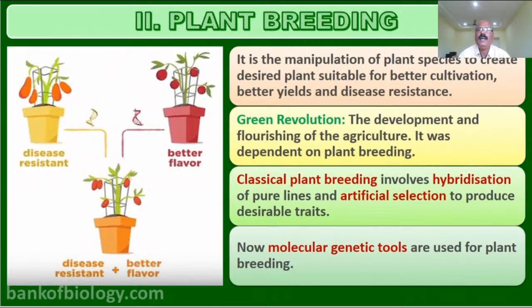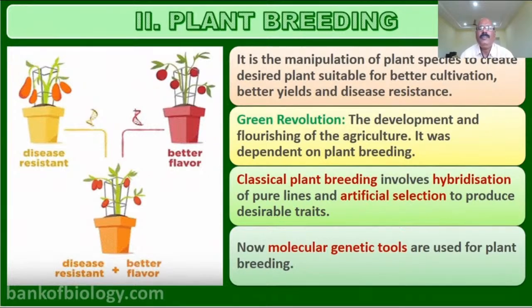Classical plant breeding involves hybridization of pure lines and artificial selection to produce desirable traits. Now, molecular genetic tools are used for plant breeding.